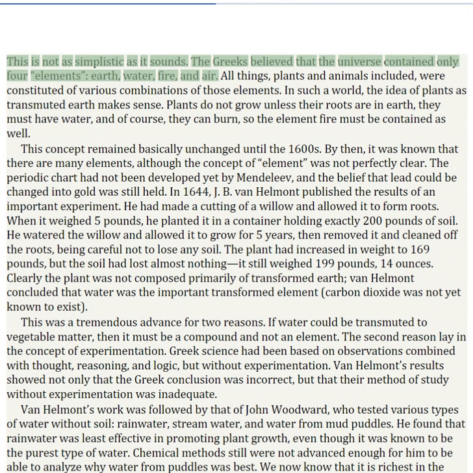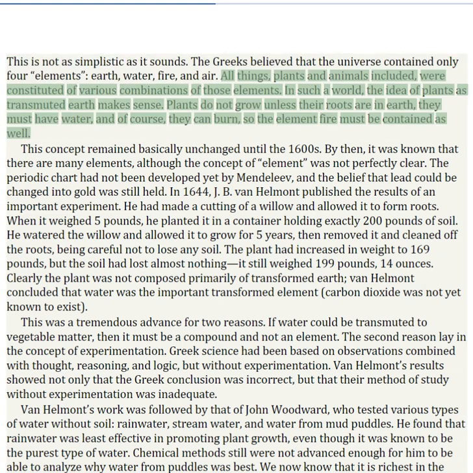This is not as simplistic as it sounds. The Greeks believed that the universe contained only 4 elements: earth, water, fire, and air. All things, plants and animals included, were constituted of various combinations of those elements. In such a world, the idea of plants as transmuted earth makes sense. Plants do not grow unless their roots are in earth.